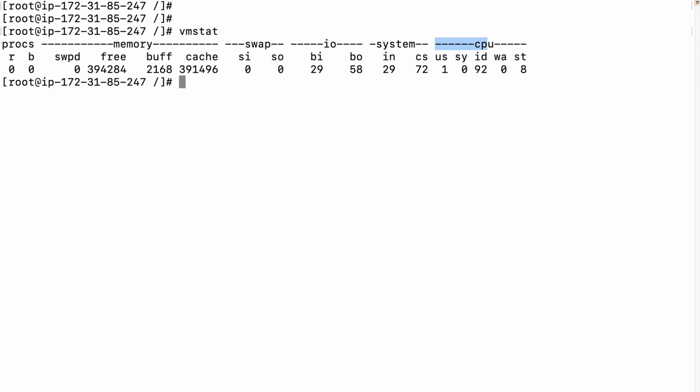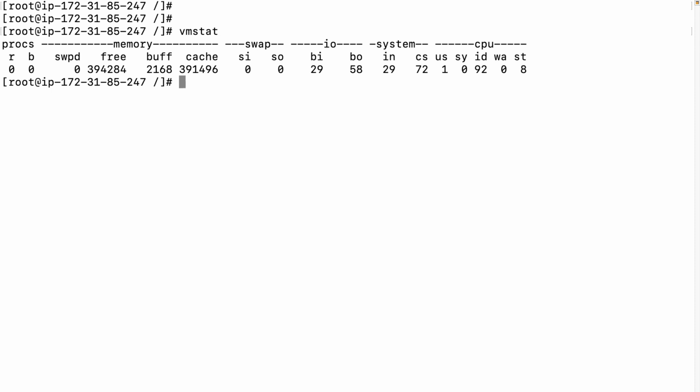Okay, and about the CPU utilization, that is the us, sy, id. US means user, like if there is any process holding the CPU by the user process. If there is any process holding the CPU and it was executed by the system, that is the sy. What is the idle time, waiting time, stolen time, all those informations are here, right?